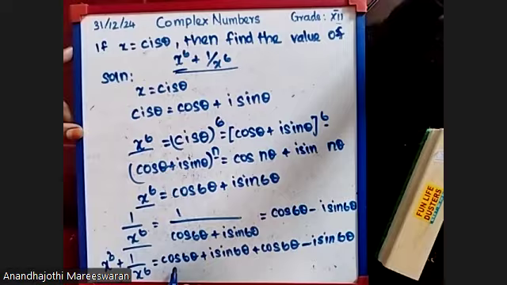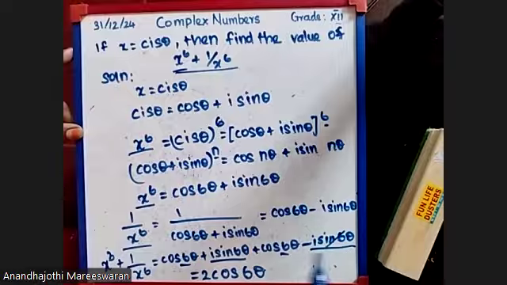Cos 6 theta plus cos 6 theta equals 2 cos 6 theta. I sin 6 theta minus I sin 6 theta cancels out and equals 0. So the value of x power 6 plus 1 by x power 6 equals 2 cos 6 theta. Okay, guys? I will give you 1 more minute to copy this down.